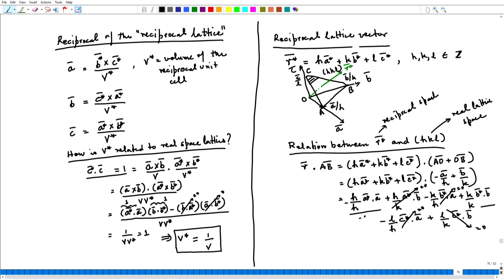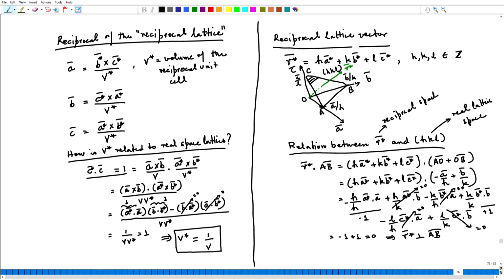This will give me minus 1 and this would give me plus 1. So, therefore, R star dot AB is simply minus 1 plus 1, that goes to 0, which implies that vector R star is perpendicular to the vector AB.